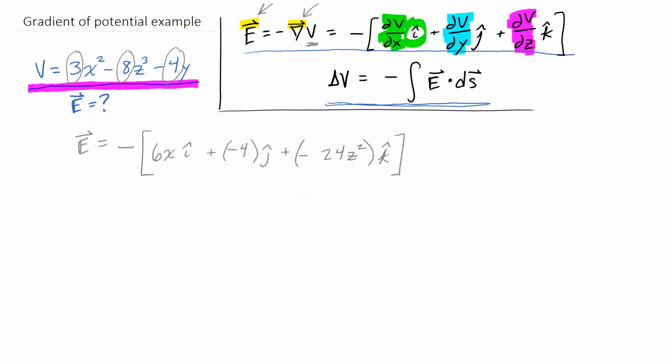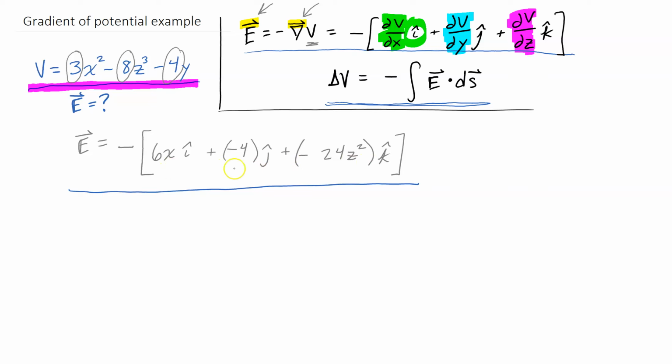All right. So one thing I could do with a question like this, for example, if the question also said, find E at a specific location, well, now I know E at all locations at any given x, y, and z. So if the question said, find E when x is 2 centimeters, y is 3 centimeters, etc., I could plug in those values for x.